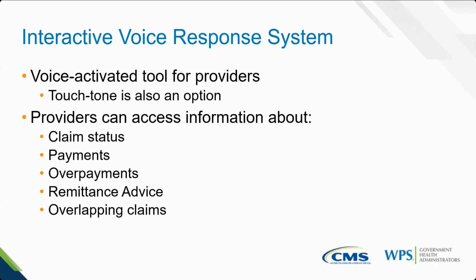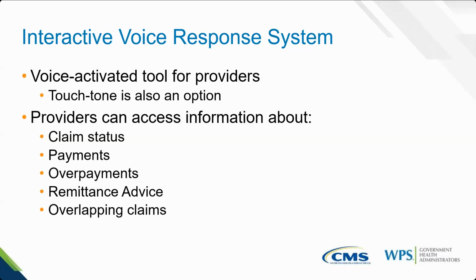There are some unique features and functions for Part A providers and Part B professional claims. This is because, first of all, the items and services that you provide and how you bill for them are different. In some of our earlier sessions, we covered functions that were for both provider types.